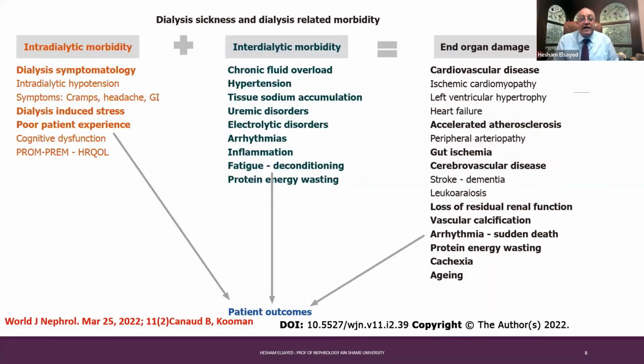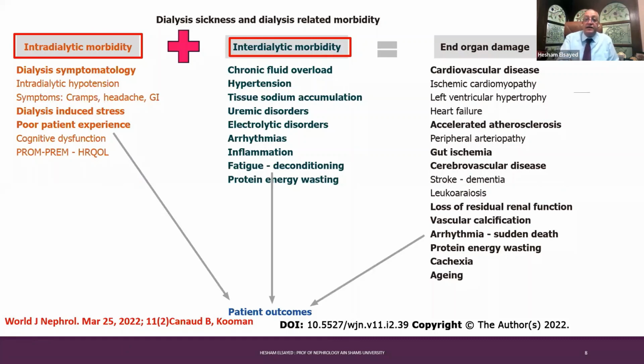To summarize the intradialytic morbidity: the dialysis symptomatology, hypotension, cramps, headache, stress, cognitive dysfunction, plus interdialytic morbidity, including chronic fluid overload, hypertension, sodium overload, uremic disorders, electrolyte imbalance, arrhythmia, inflammation, fatigue, and more of the protein energy wasting and frailty.